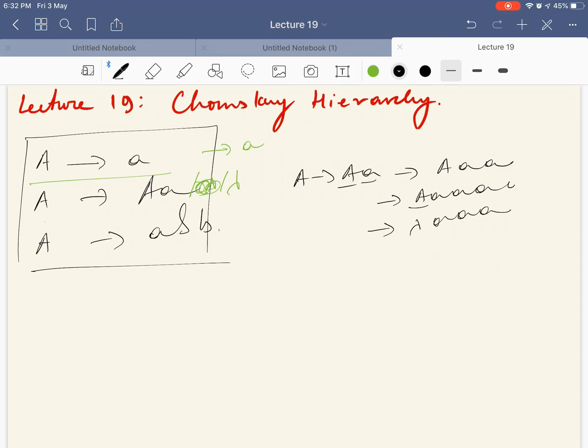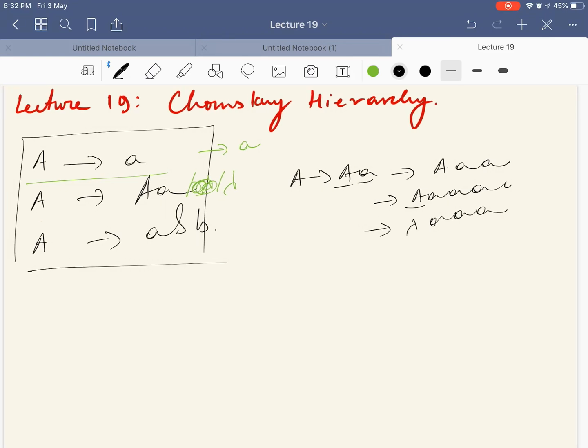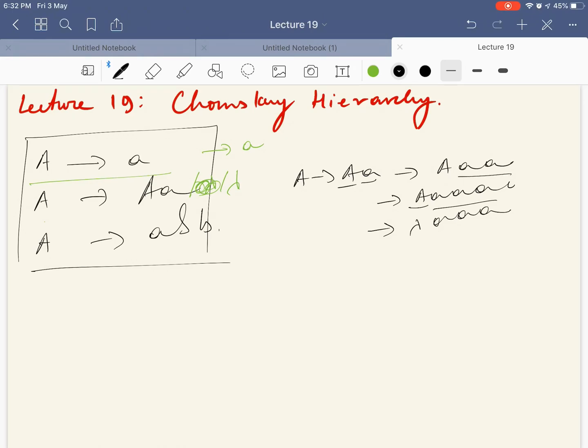In the first replacement I am getting a single a, in the second replacement I am getting 2 a's, in the third replacement 3 a's. In this way it keeps increasing, right? So the entire regular expression I can represent as a star only. As we can represent this expression with a star, I can say that this language is also regular.